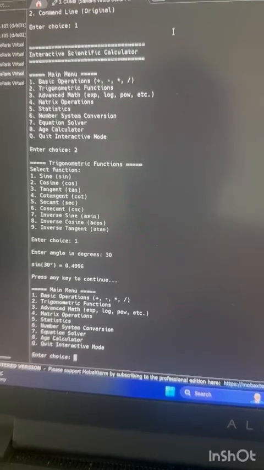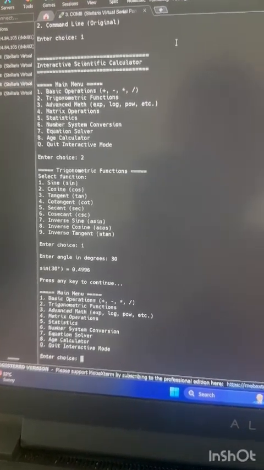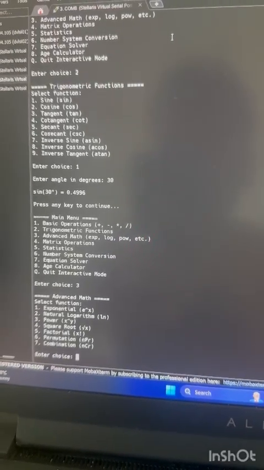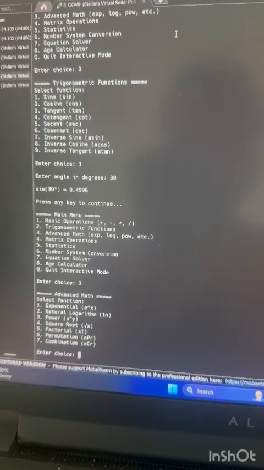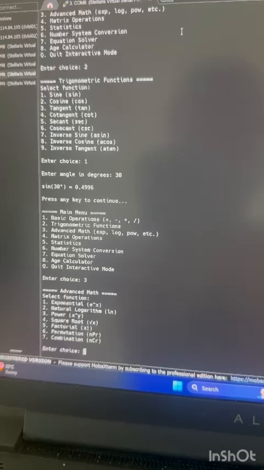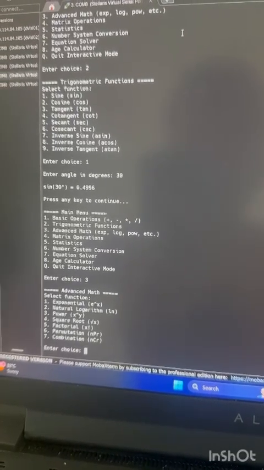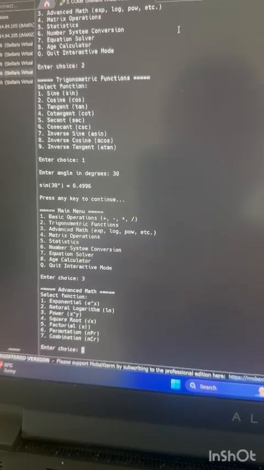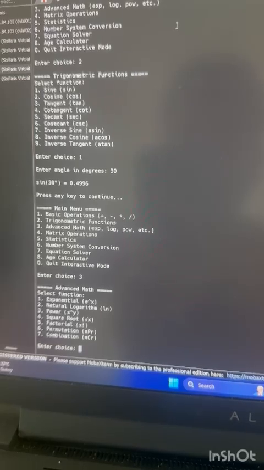The next operation is advanced mathematical functions, in which we have defined exponential, natural logarithm, power, square root, factorial, permutation, combination, etc. In this calculation we have used the Newton-Raphson method for calculating square root, exponential terms and factorials.